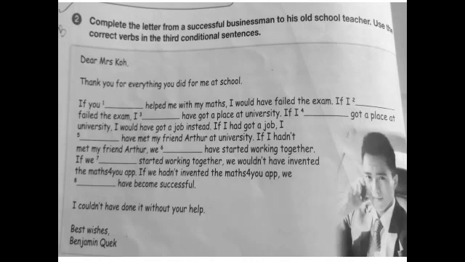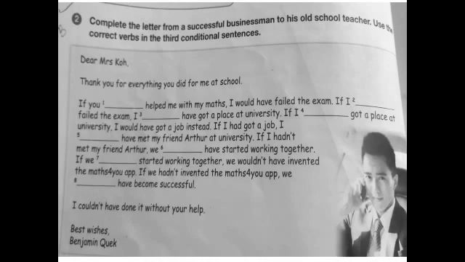Now comes the main issue: if you had not helped me with my math, I would have failed the exams. If I had failed the exam, I would not have got a place at university. If I hadn't got a place at university, I would have got a job instead.